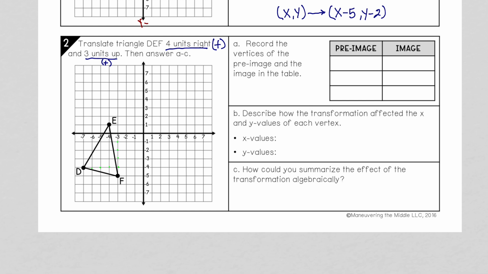So that'll be our new D, or as we say it, D prime. Now for E, right 4, 1, 2, 3, 4, and then up 3, 1, 2, 3.